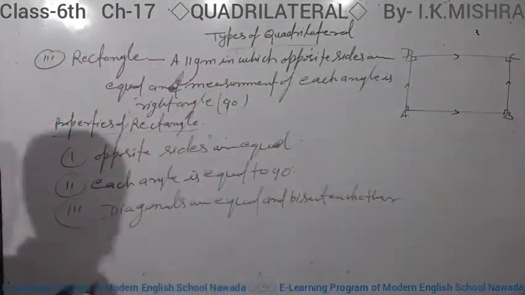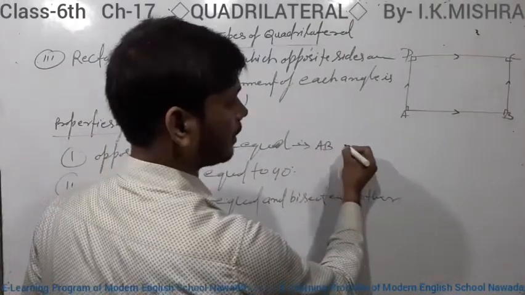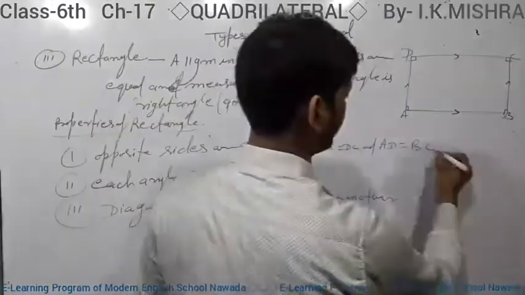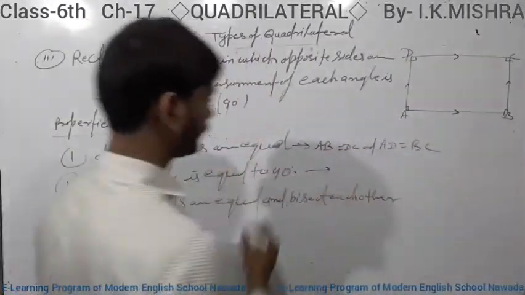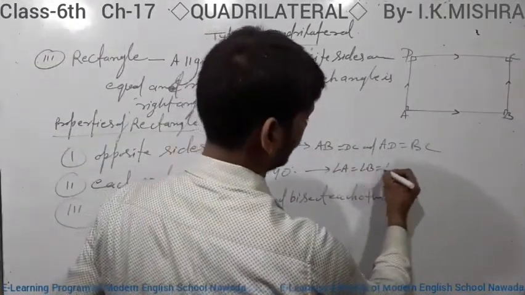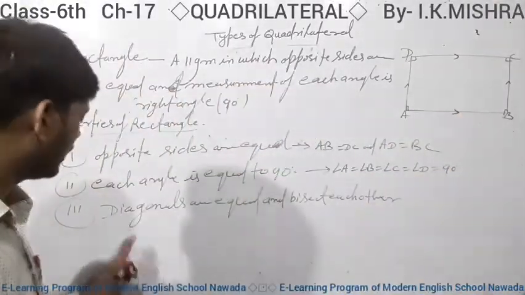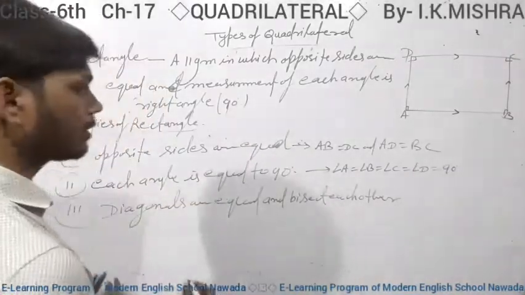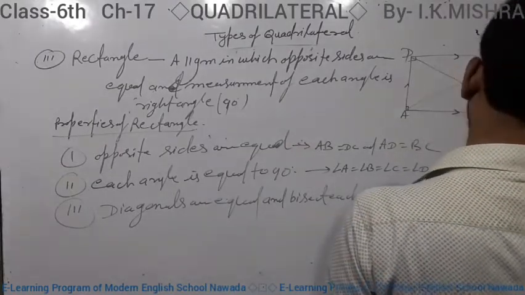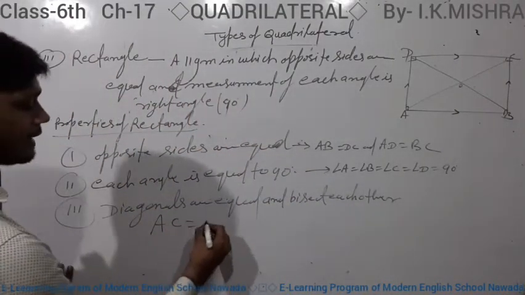That means students, according to this statement, opposite sides are equal. That means AB is equal to DC and AD is equal to BC. According to this statement, angle A is equal to angle B is equal to angle C is equal to angle D equal to 90 degree. And here diagonals are equal. That means when you join the diagonals AC and BD, AC is equal to BD.